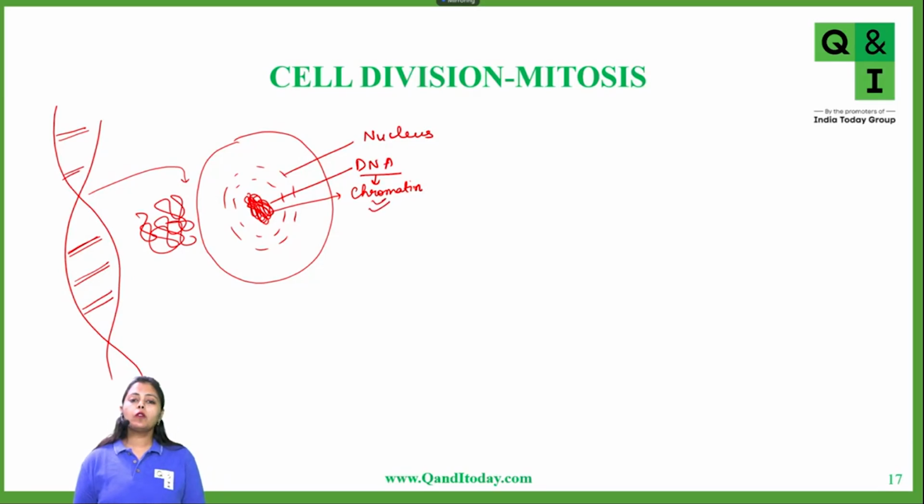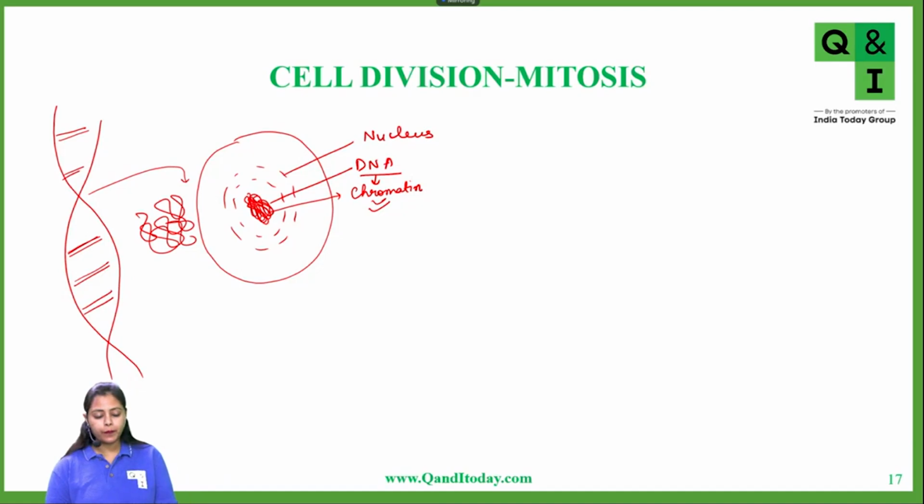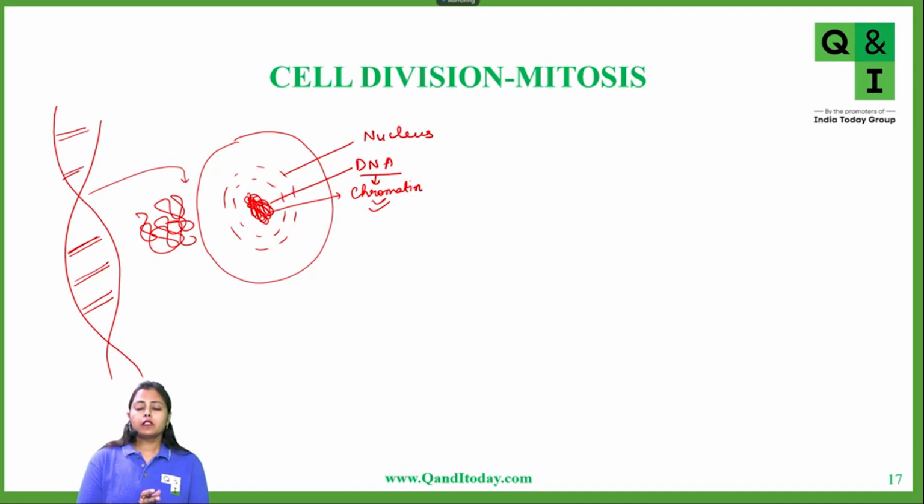Now, you know that reproduction is one such mechanism where a parent produces its progeny. It is for the continuation or survival of the species that an organism reproduces. I think all of you know about the basic reproduction in humans.